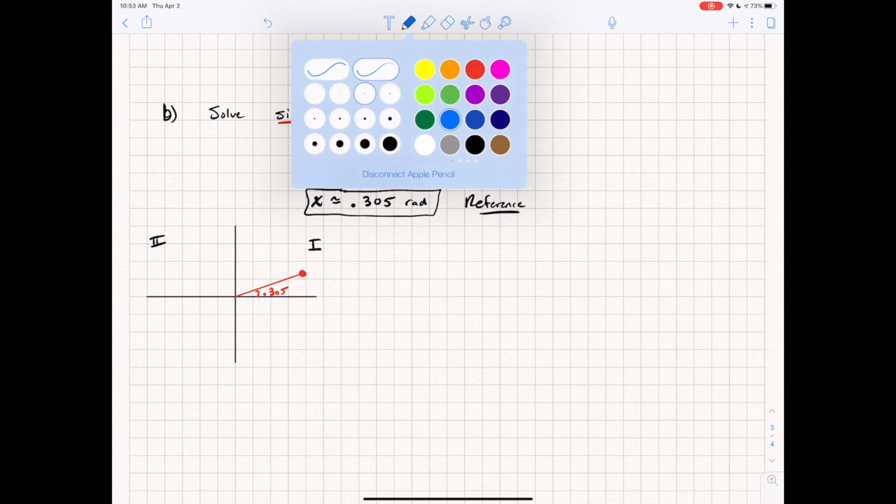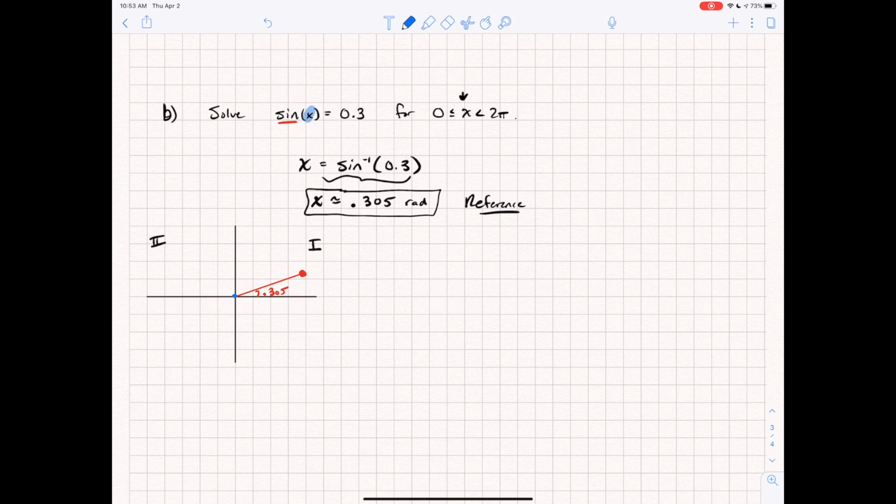I want to try and figure out what its mirror image is over here in quadrant 2, which I know now, because that's its reference, this angle is also 0.305. I need to know what the overall angle to get there is, looking at it in terms of being in standard position. Well, I need to establish what's the relationship between this and my reference here?